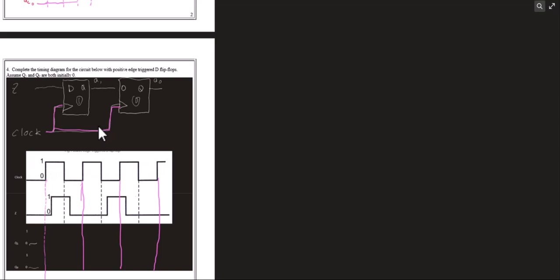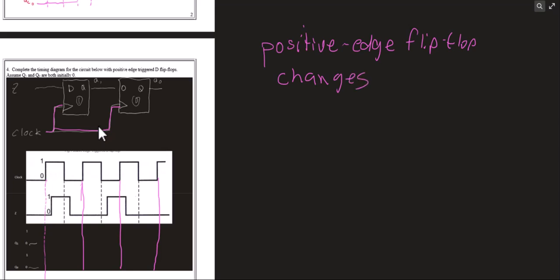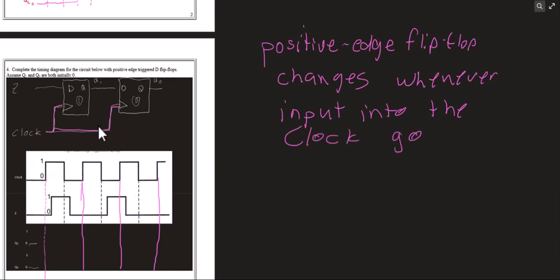So a positive edge flip-flop changes whenever the input into the clock goes from 0 to 1.